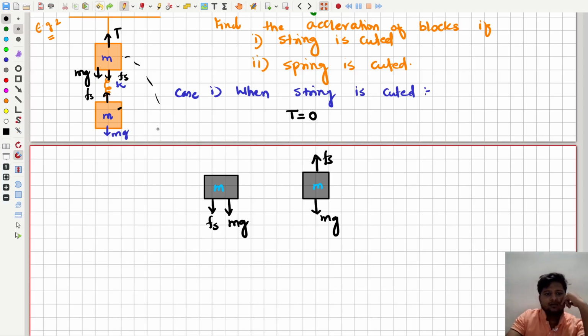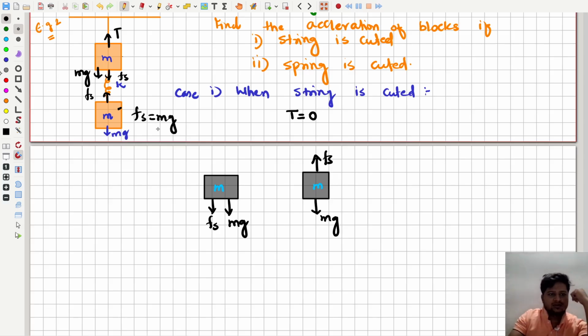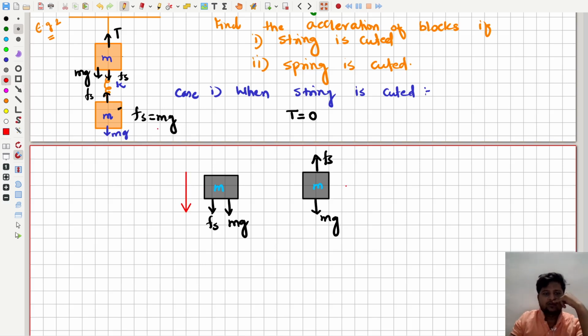Clear? So if I write it this way, then here the spring force is exactly, in equilibrium, spring force is exactly equal to mg. So this upper block will have net acceleration downwards, and the lower one will be at rest because the spring force will not immediately become zero.